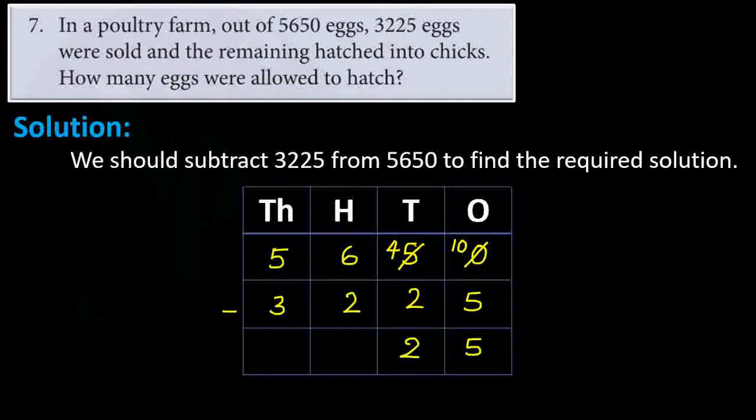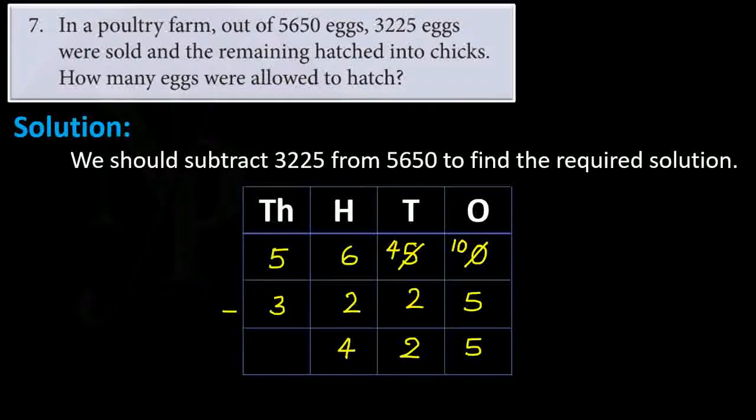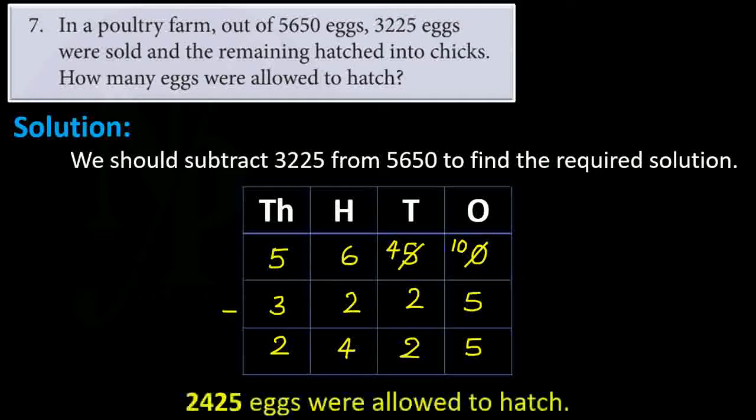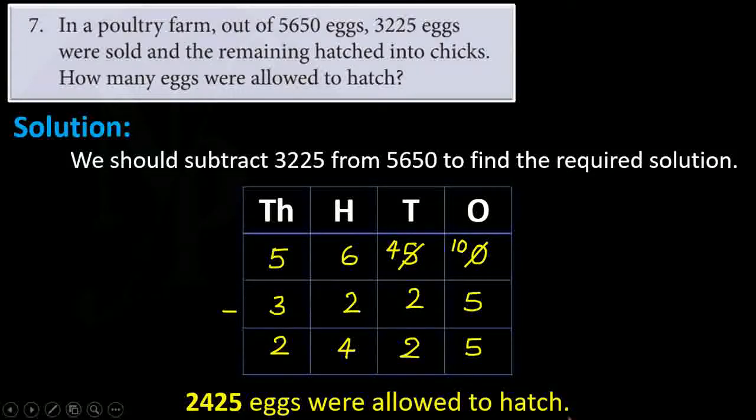We get 4 hundreds as difference. And subtracting 3 thousands from 5 thousands, we get 2 thousands. Therefore 2425 eggs were allowed to hatch.